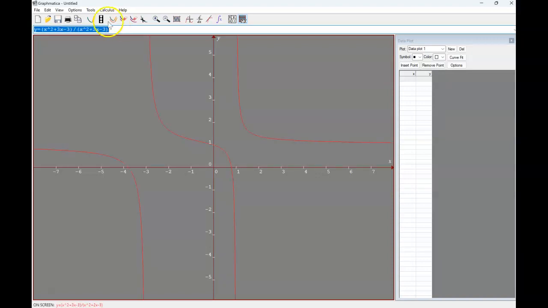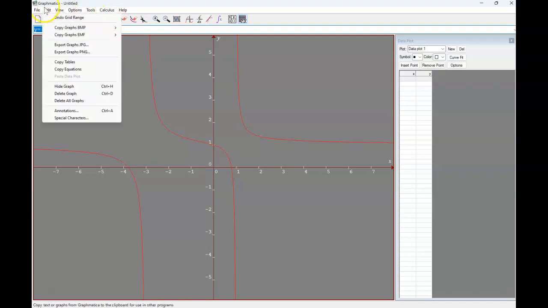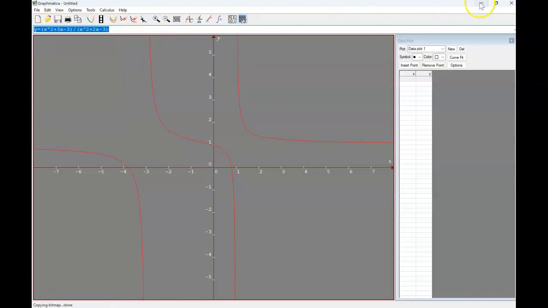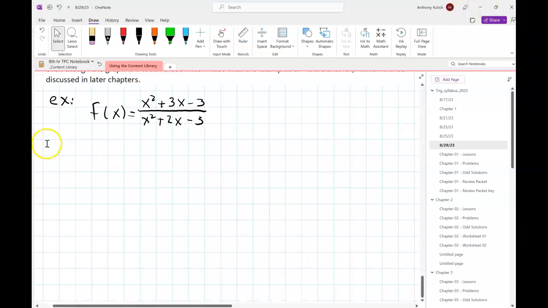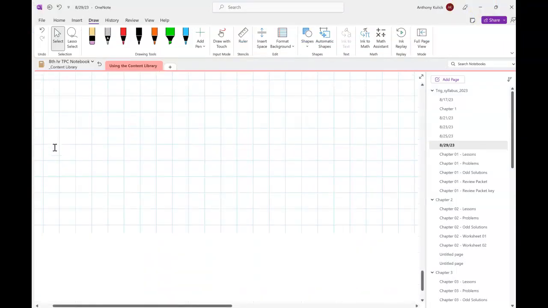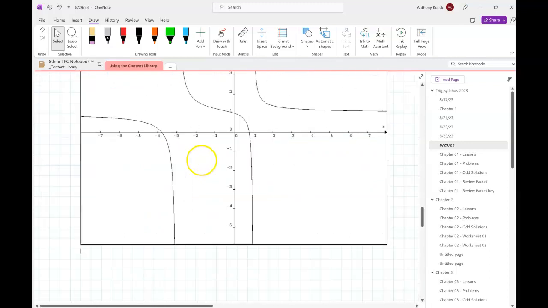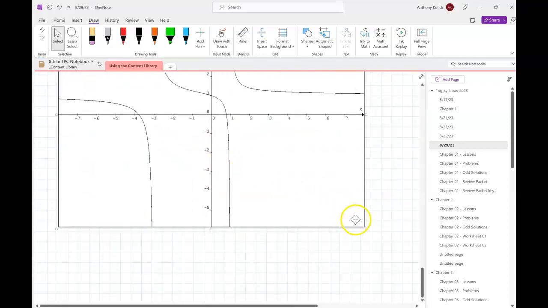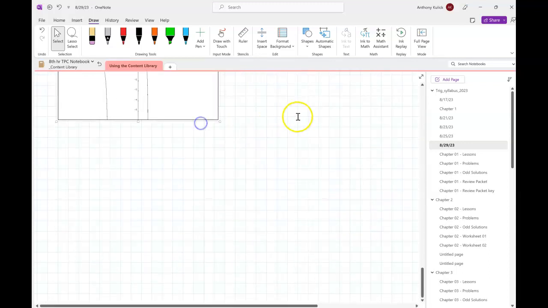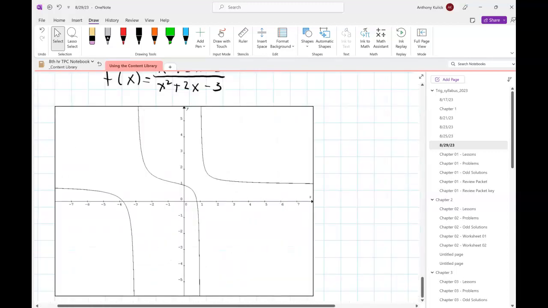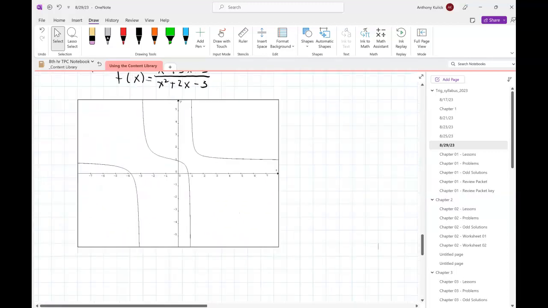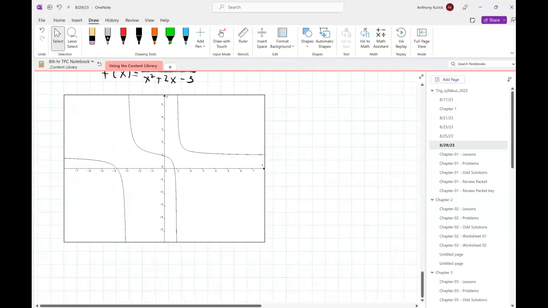This program that I'm using right here is called Graphmatica. It's a free download, but I don't think you guys have download rights to your tablet, so you'd have to get permission from some IT administrator or something to download it if you wanted to have it on your computer also, but it's pretty neat. It generates a nice picture like this you could drop into OneNote.